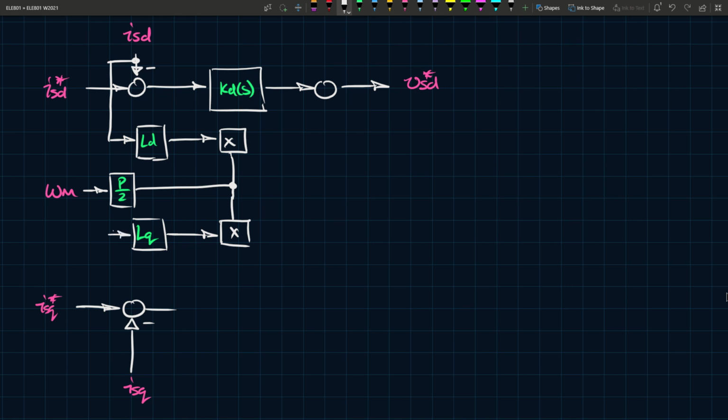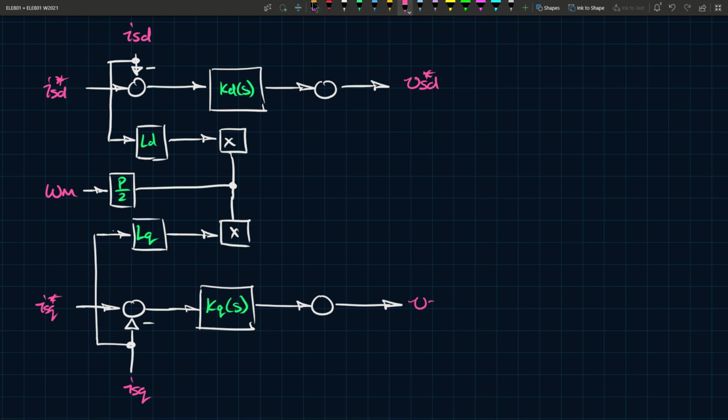And so the actual, maybe we don't go over there, that looks a little awkward. So we go around like this. So the actual also gets multiplied up there. And after taking this difference, you can pass it through your compensator, and this compensator is KQS, and then the output of this compensator goes to some adding or subtraction block, and then the output of this is VSQ star, right?